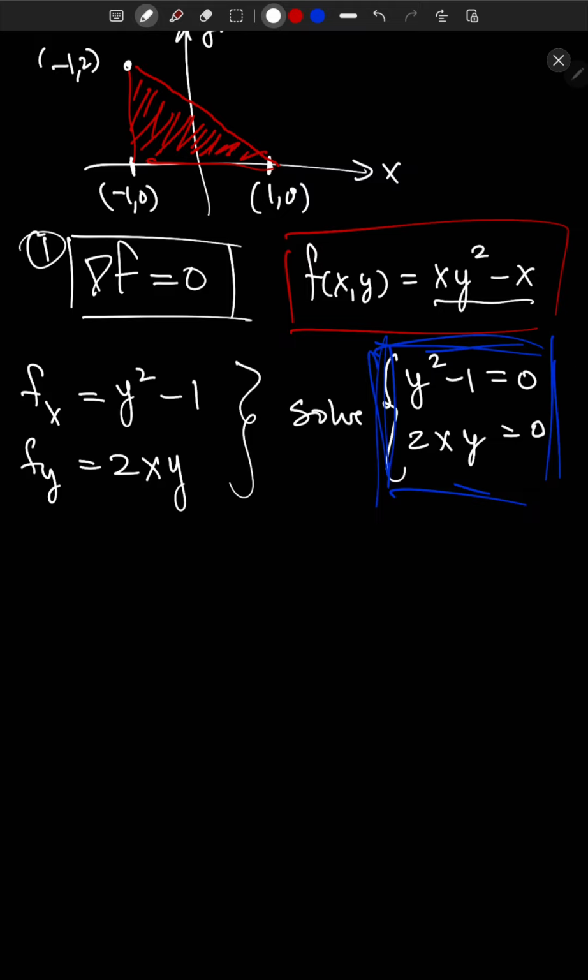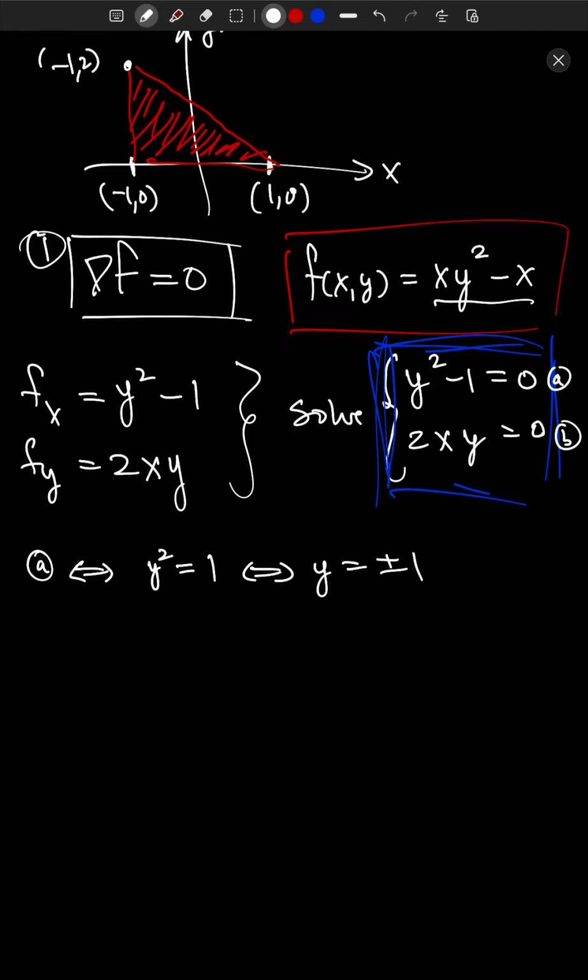Let me label these: I'm going to call this A and this B. Equation A immediately tells me that y squared is equal to 1, and so y is plus or minus 1. Now again, if I even change this function just a little bit, this system might be a lot harder than this.